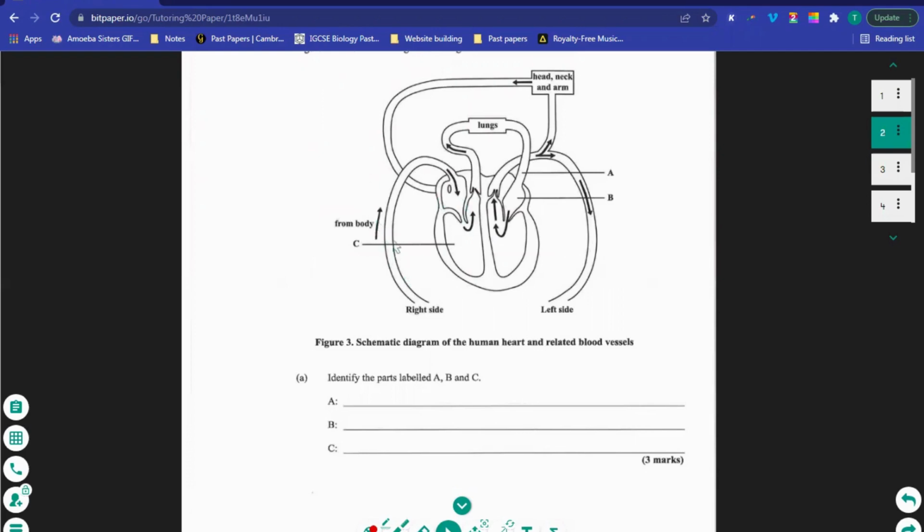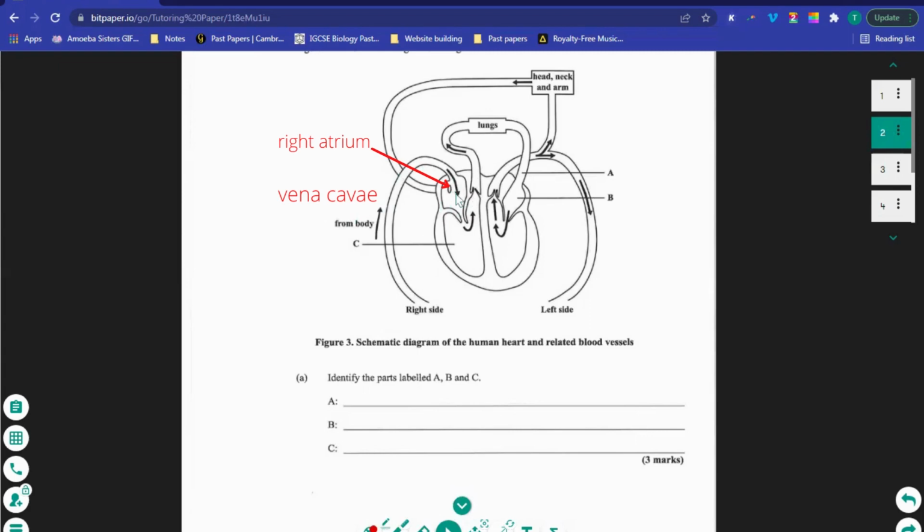So we know that the deoxygenated blood is coming into the right side of the heart from the rest of the body via the main vein, which is the vena cava. So under low pressure, this blood enters into the right atrium.